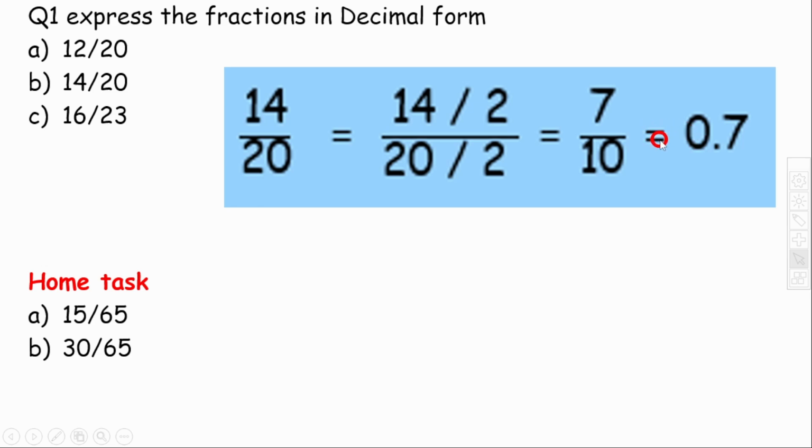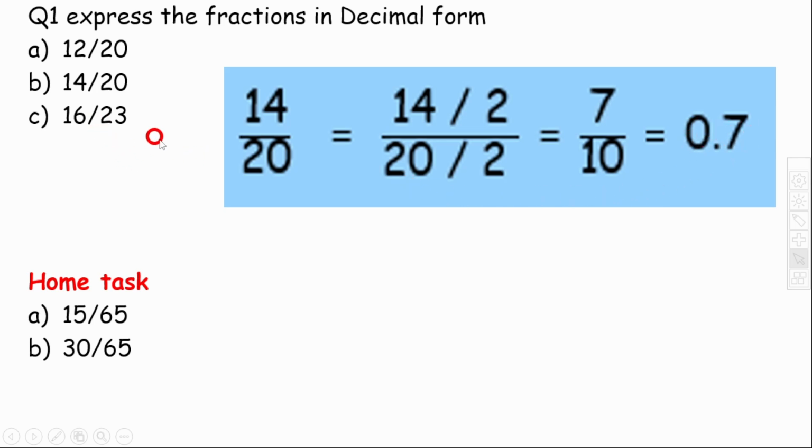We write 7. The decimal point that is behind 7, we move it by 1 step to the left because we are dividing by 10, and that 10 has just 1 zero. It becomes 0.7 as our final answer.